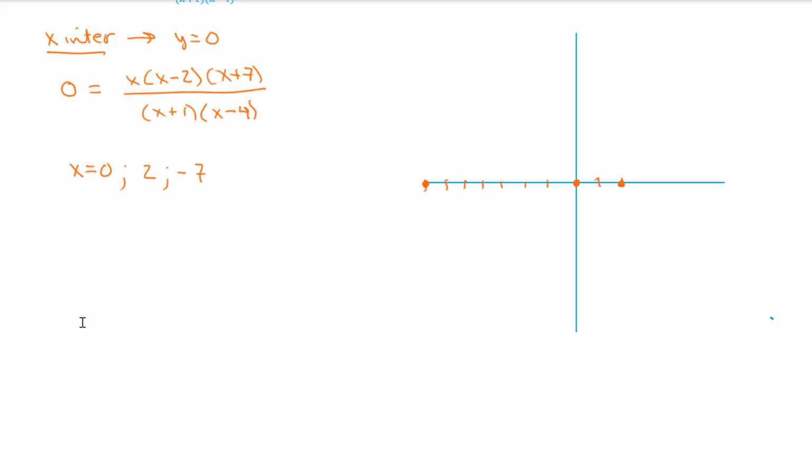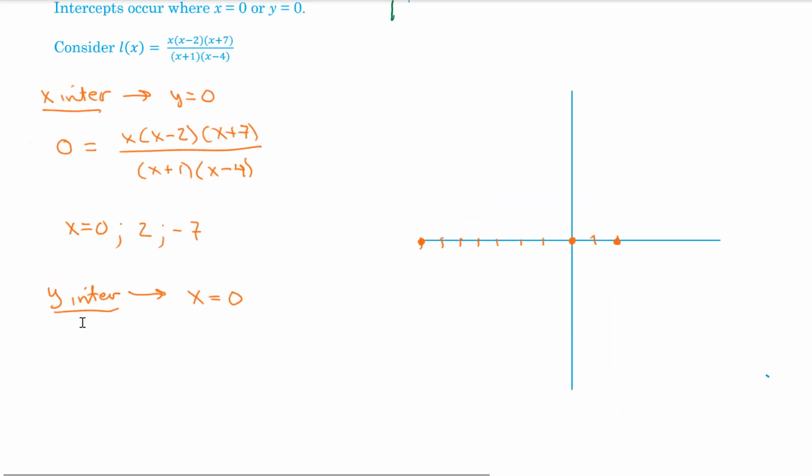The next thing I want to look at is where are my y-intercepts? Well, the y-intercepts mean, let's see, if I'm on the y-axis, that means x equals 0. Okay. X equals 0 means I'm just going to substitute in 0 into my original function.